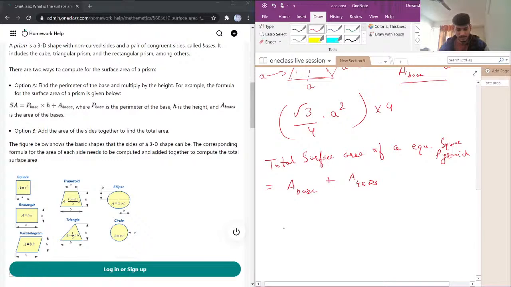So this will be a square plus 4 times root 3 by 4 a square. 4 and 4 get cancelled, and we have a square times (1 plus root 3).